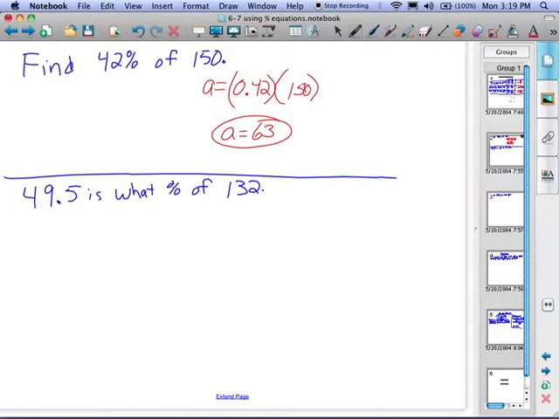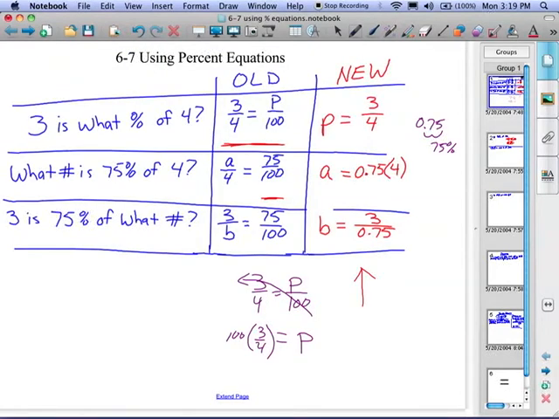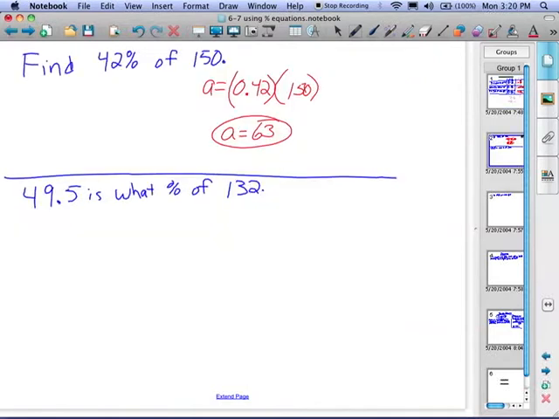Our next example is 49.5 is what percent of 132? We have to find the percent. That's just like the first one. So we're going to use the p equals 3 over 4 example. So p, because we're looking for a percent, is going to be the part over the base. So 49.5 over 132. I knew the 132 goes on the bottom because it's the base, because it's the number right after the 'of'.